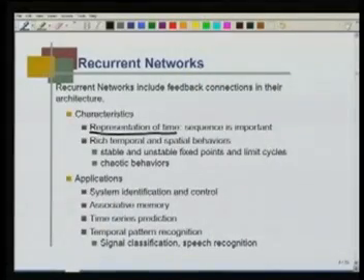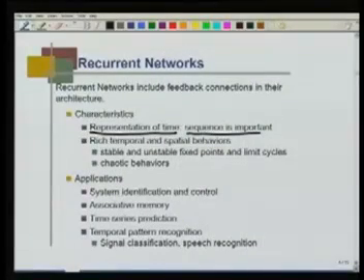So, a characteristic is the representation of time, where sequence is very important. The other thing is rich temporal and spatial behaviors. This network is dynamically very rich.